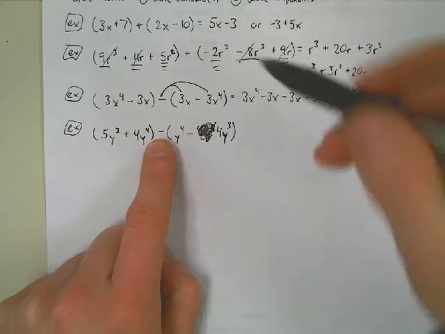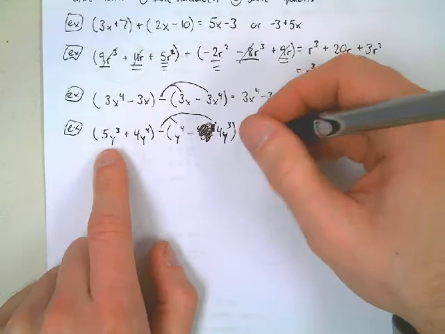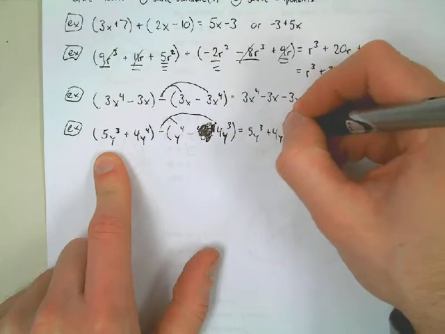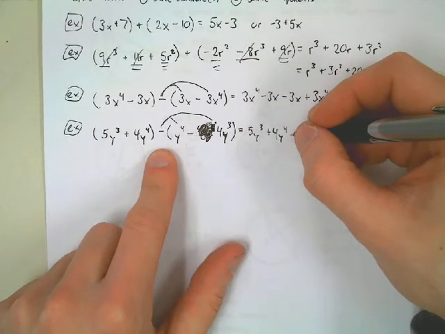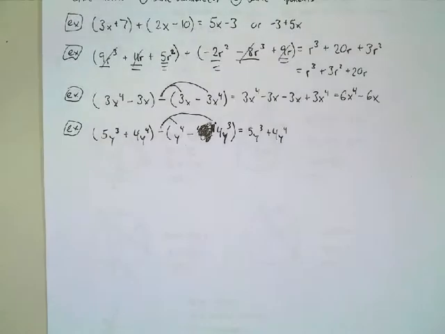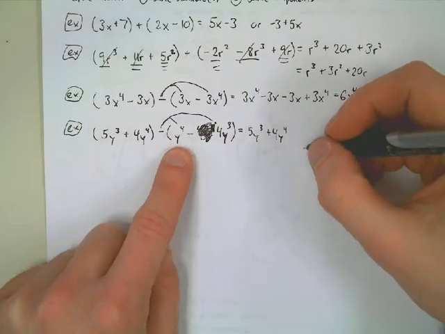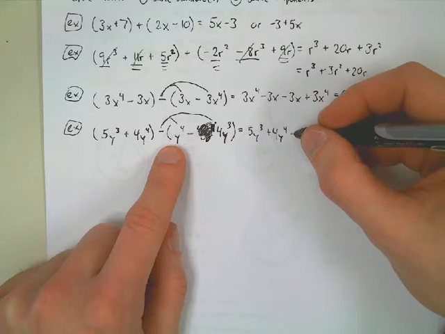Yeah, so I'm going to distribute it to those and to those. So this stays the same, 5y cubed plus 4y to the fourth. Now this is going to become what? So the minus sign distributed to the y to the fourth becomes what? Negative y to the fourth. Yep, minus y to the fourth, or negative y to the fourth.